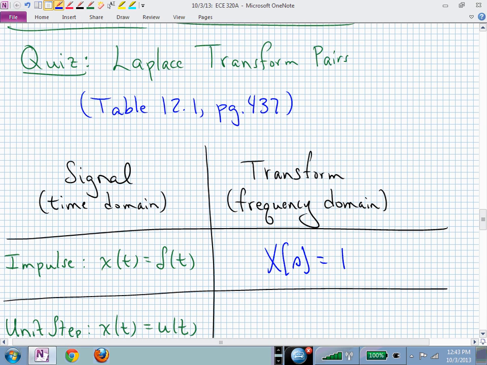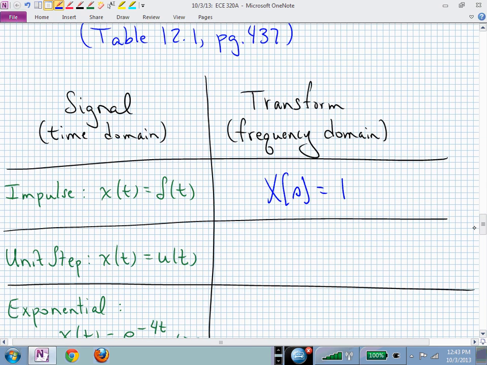That's the Laplace transform of an impulse. What about the Laplace transform of a unit step? One over s. You want to be very comfortable with these transform pairs so that when you see some of these factors, you can immediately go back and forth between the time domain expression and the frequency domain expression.